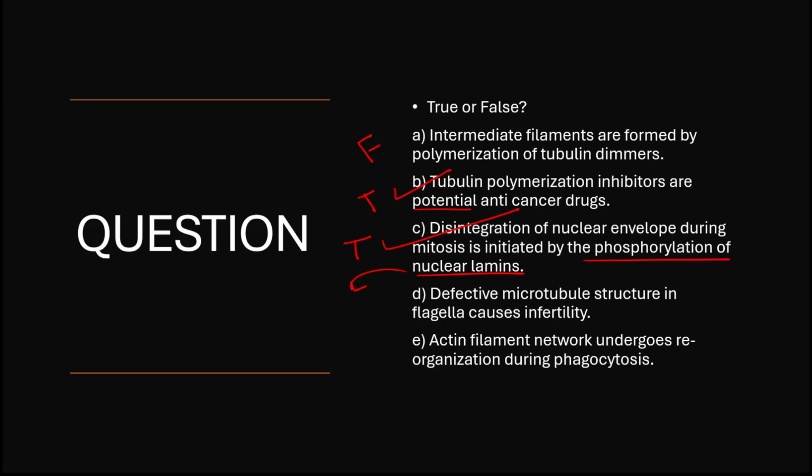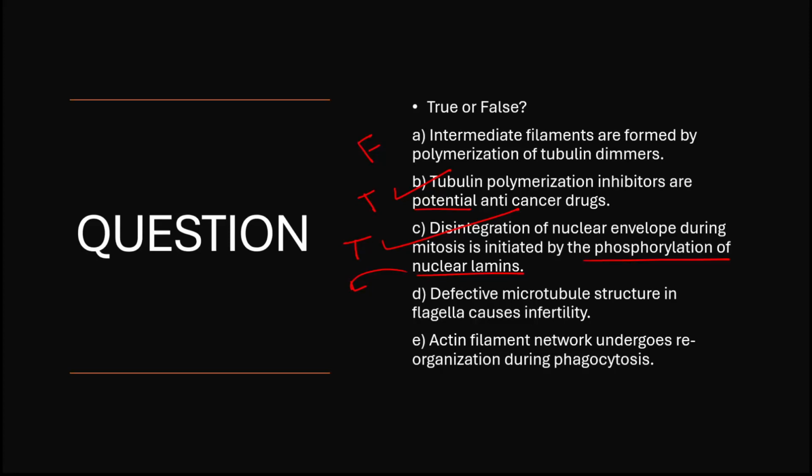So, the first statement says defective microtubule structure in flagella causes infertility. Again, this is an important thing that we see particularly in respiratory pulmonology, where in respiratory dysfunctions as well as some of the diseases involving the respiratory tract, we come across this term where there is microtubule dysfunction. This is known as primary ciliary dyskinesia.